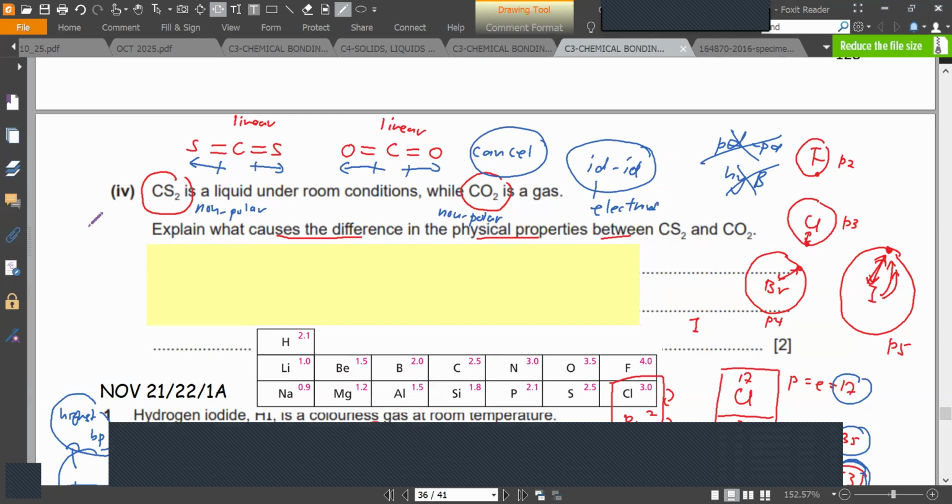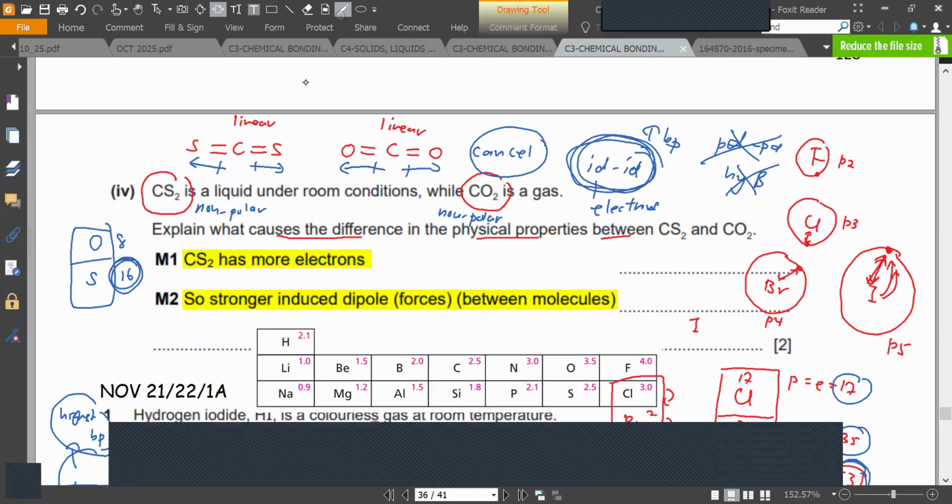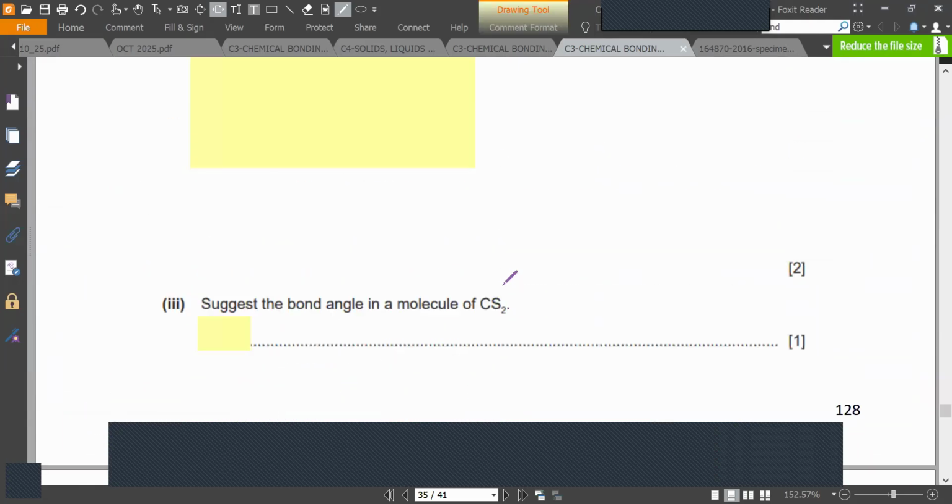So oxygen is 8, sulfur is 16. So sulfur is having more electrons, so it's going to have a stronger ID intermolecular force, and so a higher boiling point. Having more electrons gives stronger induced dipole forces between the molecules. Anything not clear, you just stop me.